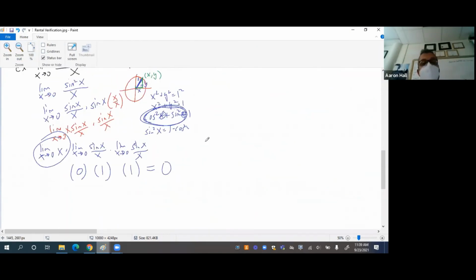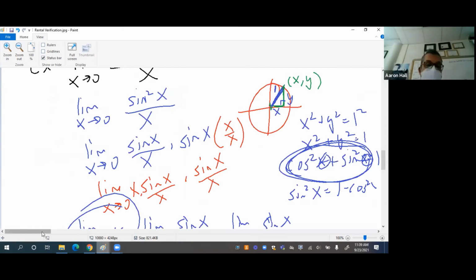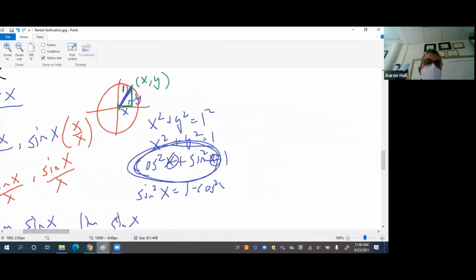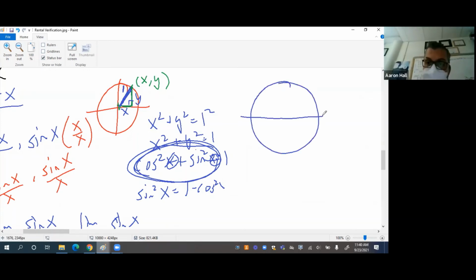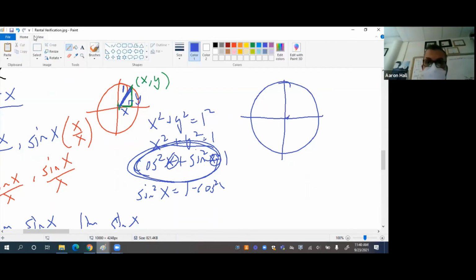How are you able to make the cosine into a sine? So it's one of our identities, called the Pythagorean identity. We need to wrap our heads around this. We have a unit circle with a radius of 1, right?